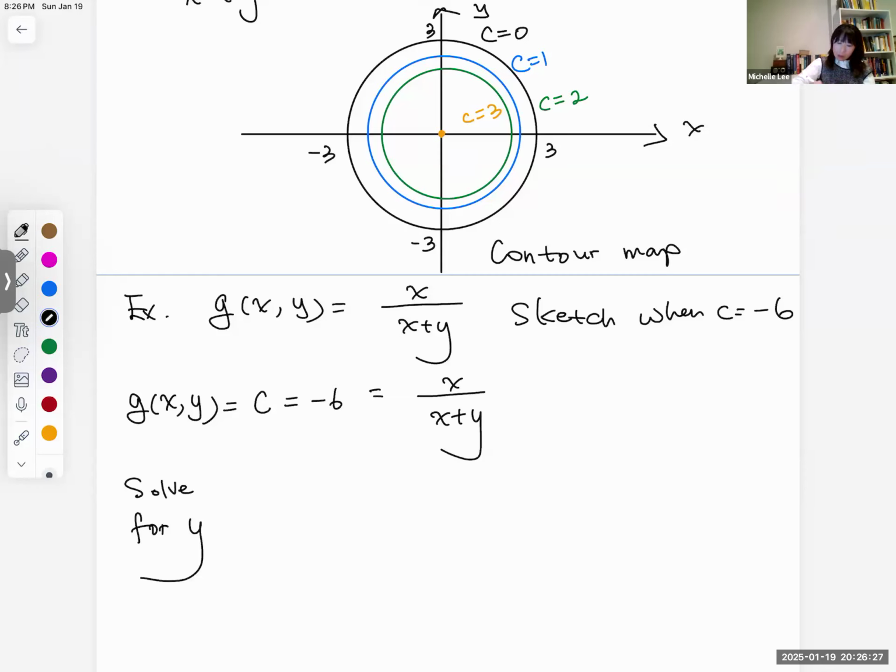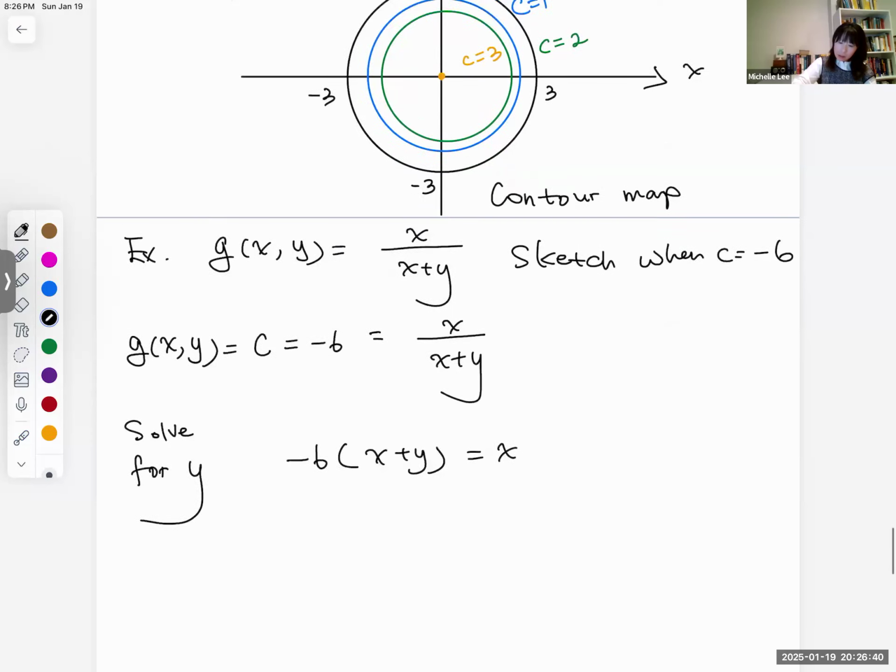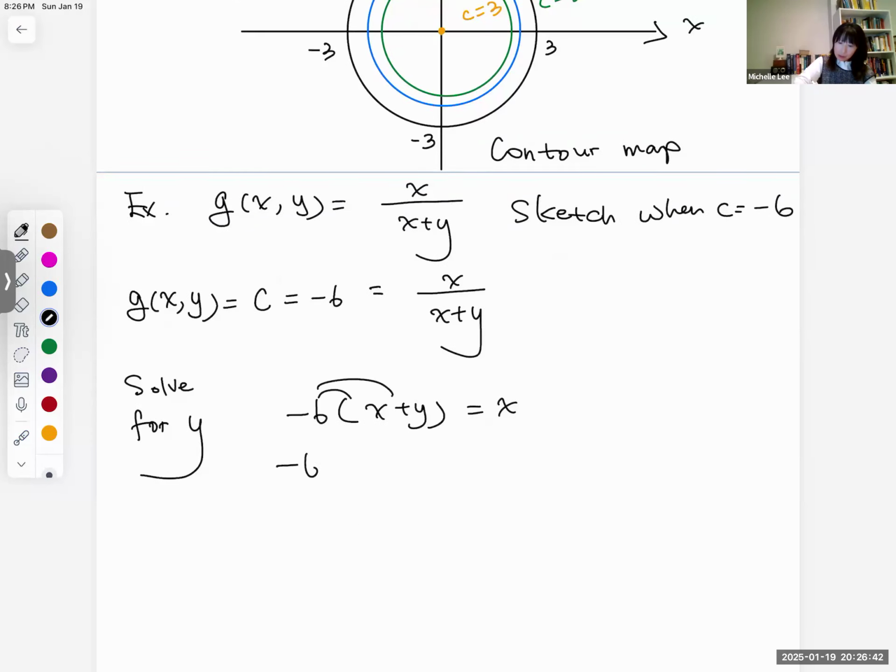All right. So then we multiply this way. So we get -6 times x plus y equal to x. We distribute -6x plus -6y equal to x.